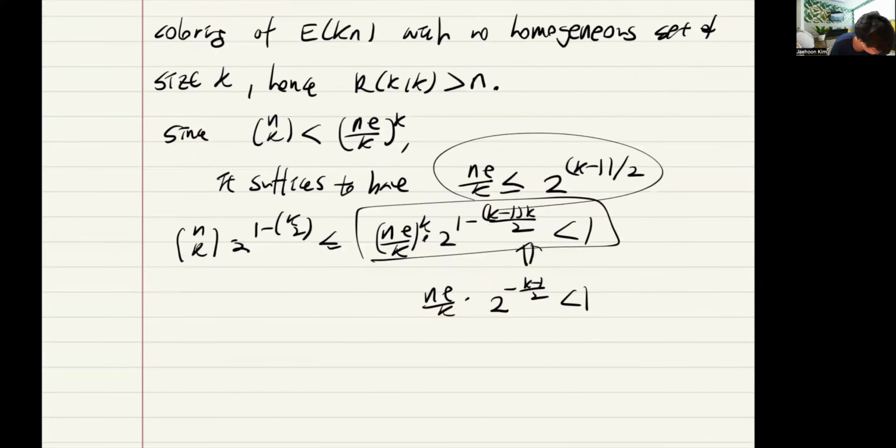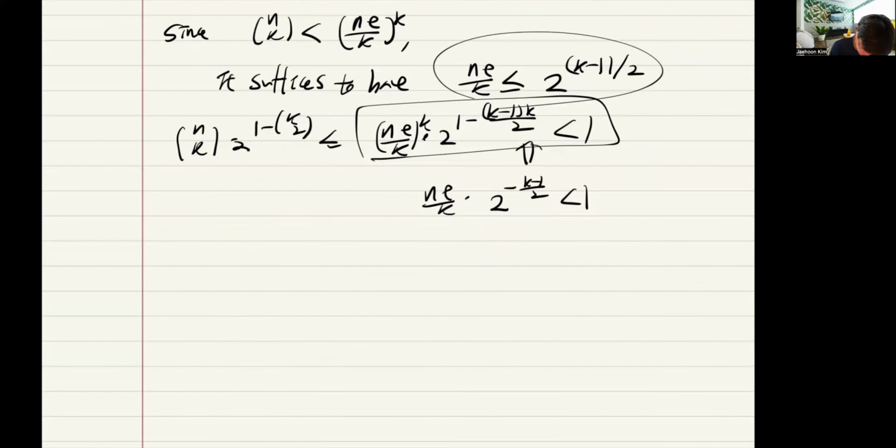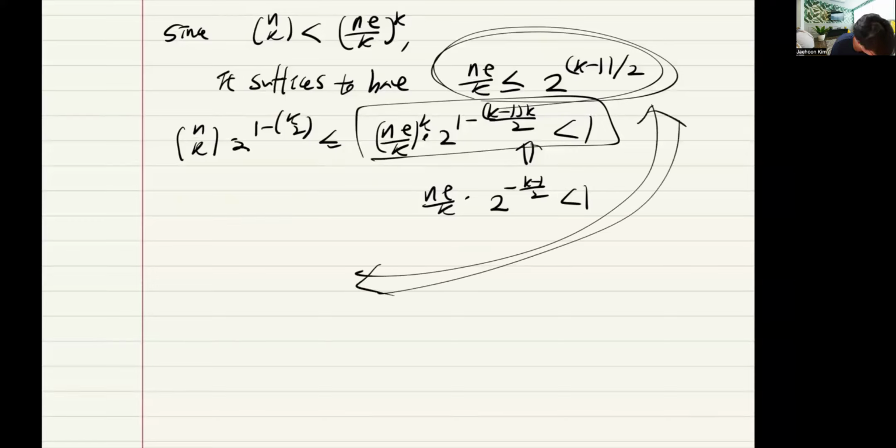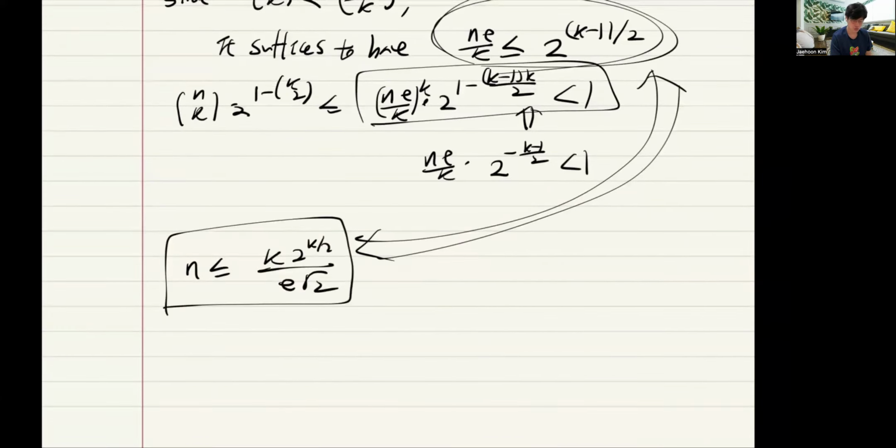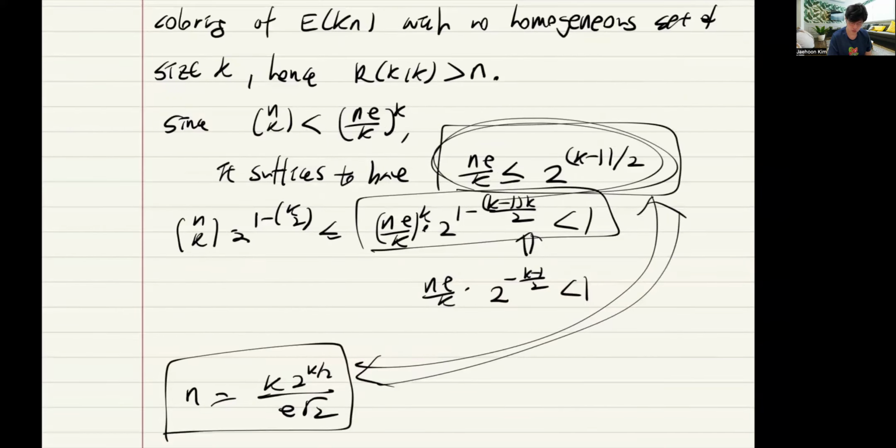So this is sufficient for us, and what this is actually equivalent to is n being k times 2 to the k over 2 over e times root 2. So if you just take n to be exactly this, then you have this inequality which yields this inequality.